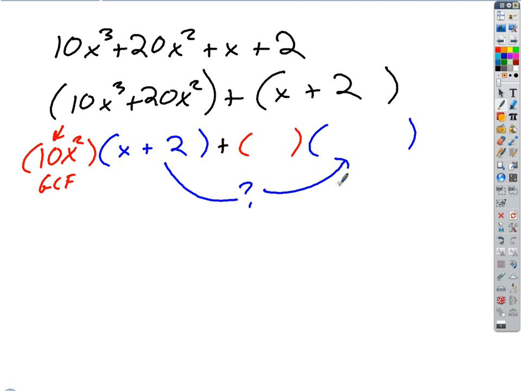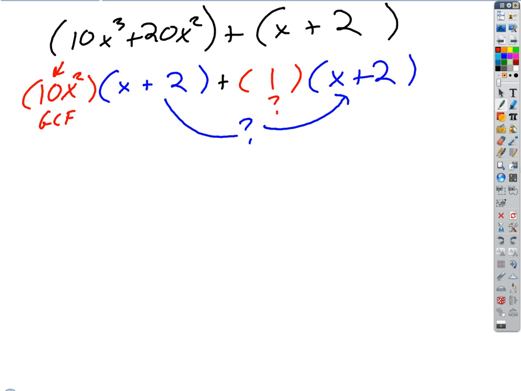We're going to assume it does, and if it doesn't, we won't be able to find a greatest common factor that fits. So we would just write an x plus 2 there, and now ask the legitimate question, is that possible? Is there something that multiplied by x plus 2 equals x plus 2? Yeah, 1, right? And so it did work this time.